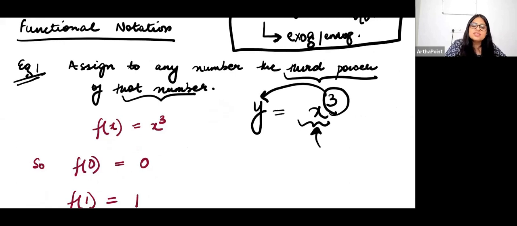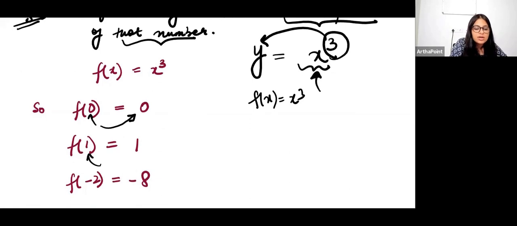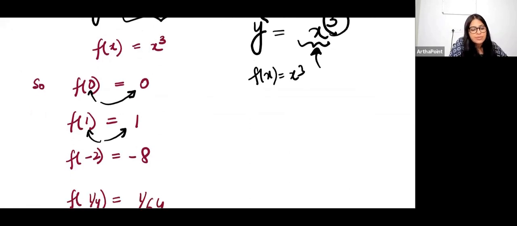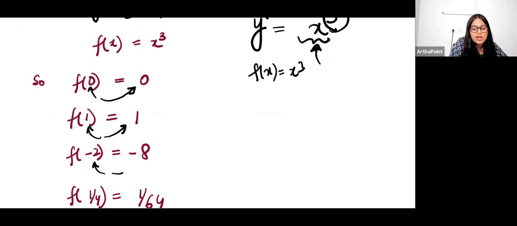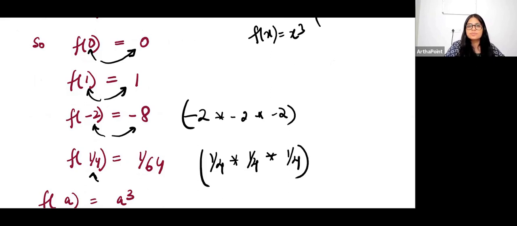I'm just saying y is equal to x cube or f of x is equal to x cube. That's it. You put 0, you get the answer as its third power. You put 1, you get its third power. You put -2, you get -2 into -2 into -2. You put 1/4, you get 1/4 into 1/4 into 1/4.